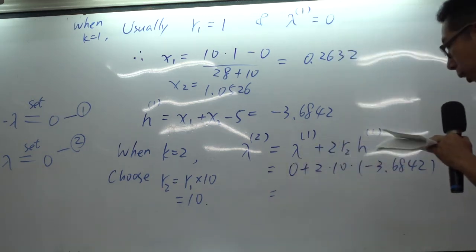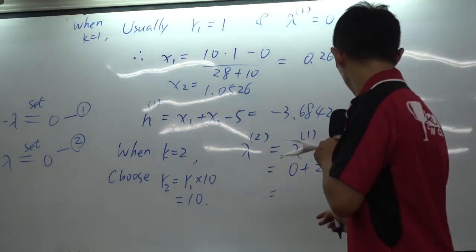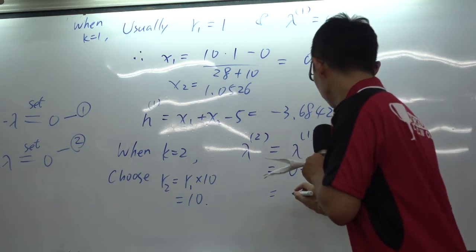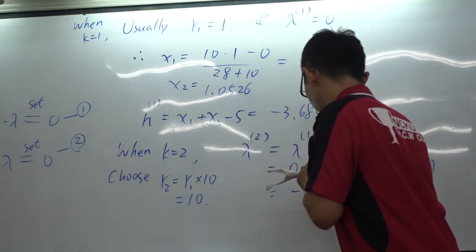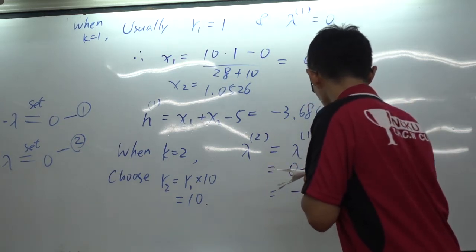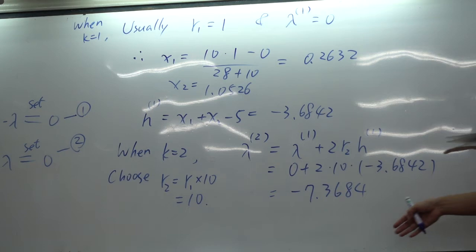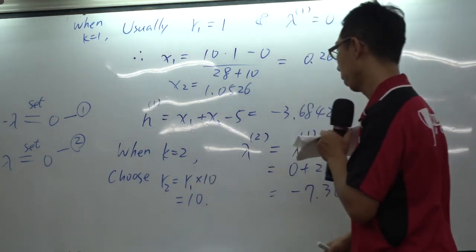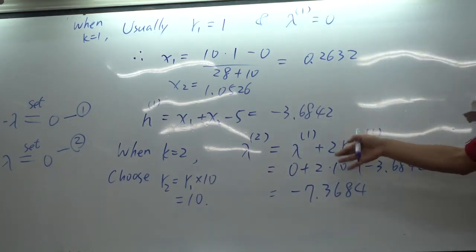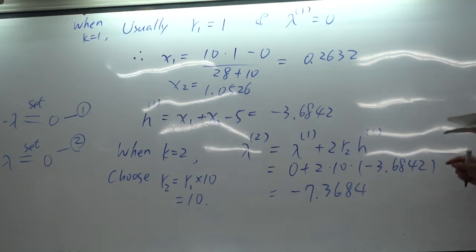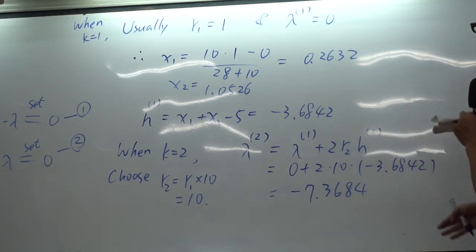So what is this? Negative 7 point something. With this value, now we have my R2 value and my lambda 2 value, and then we will be able to get my x1 and x2, okay?